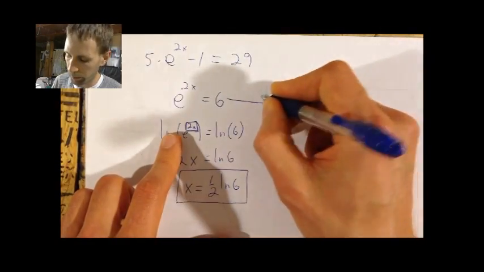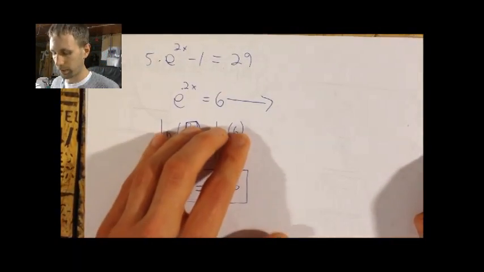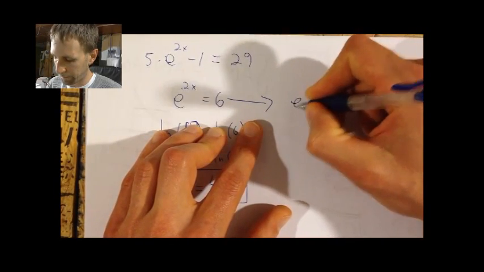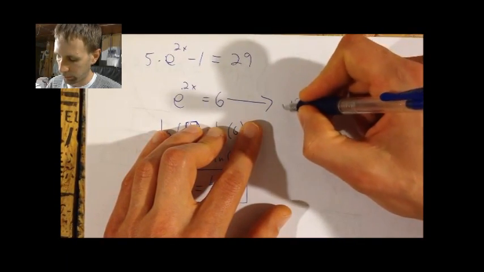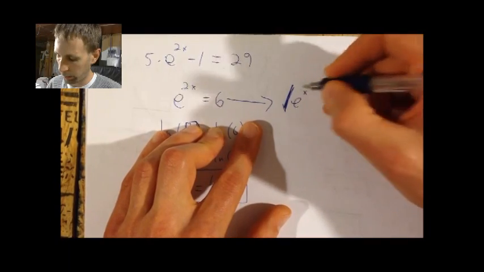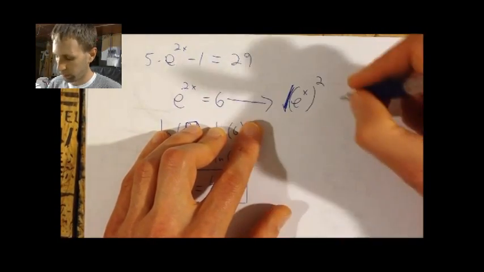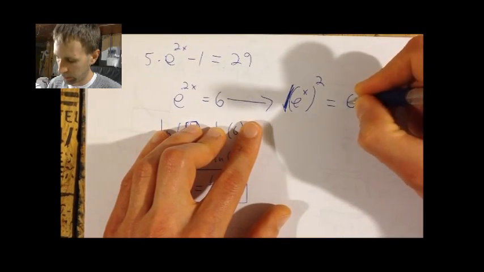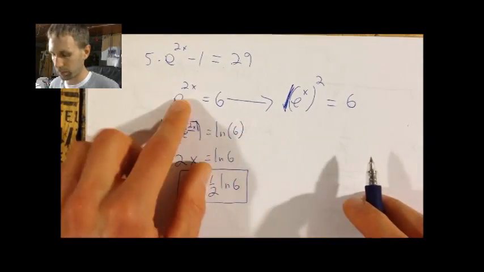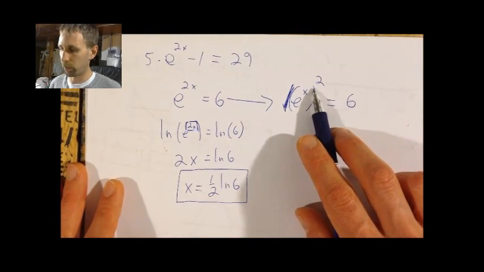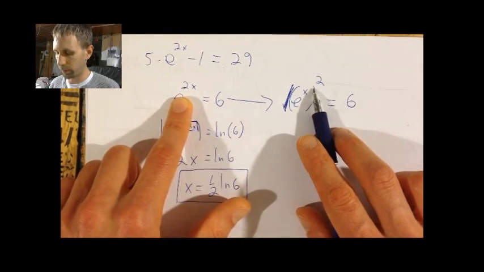We could use properties of exponents, and instead of going straight there, we could interpret this as e to the x quantity squared equals 6. E to the x quantity squared, because algebraically, the 2 times x, you would do the multiplication, get e to the 2x.